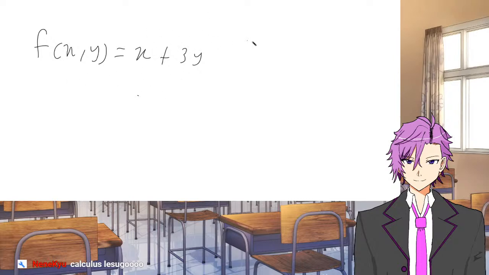So if you want to differentiate with respect to x, you can just do f_x(x, y) and you'll get 3y. If you do f_y(x, y), you will only differentiate this part, so you'll get 3.